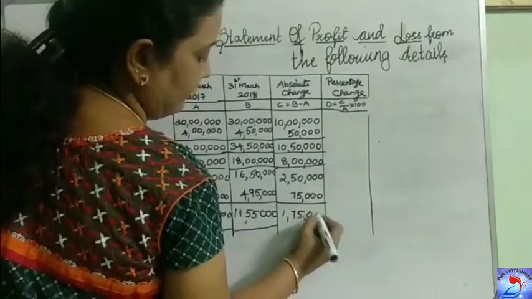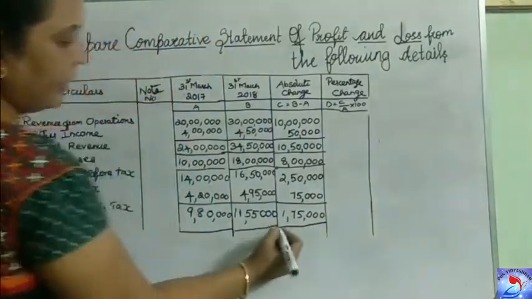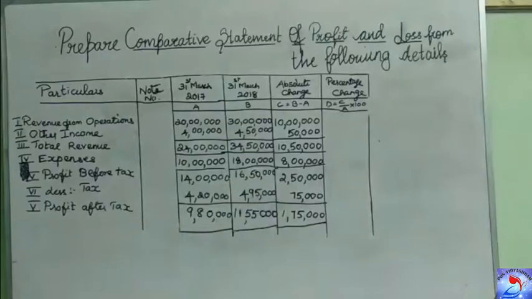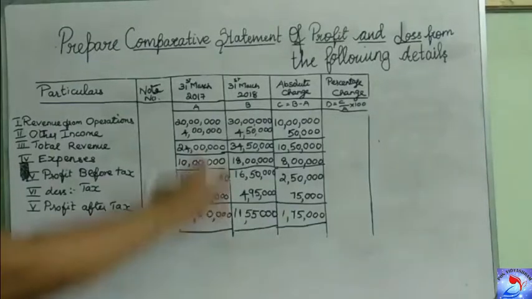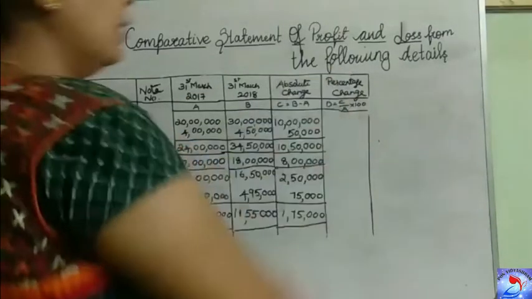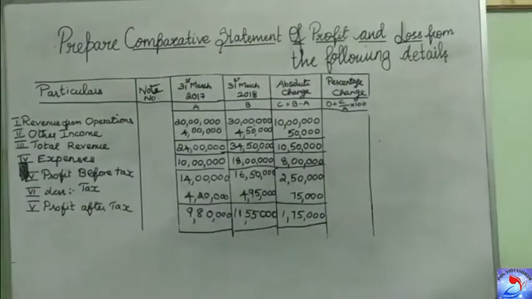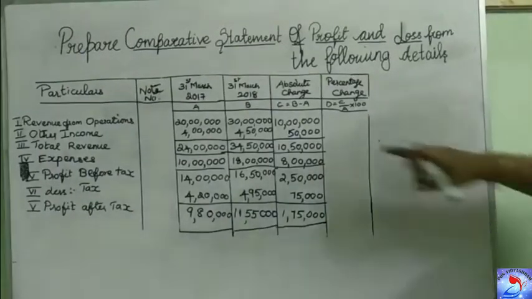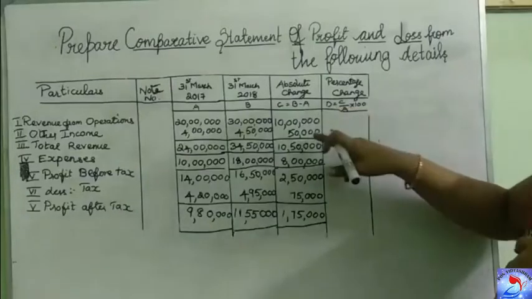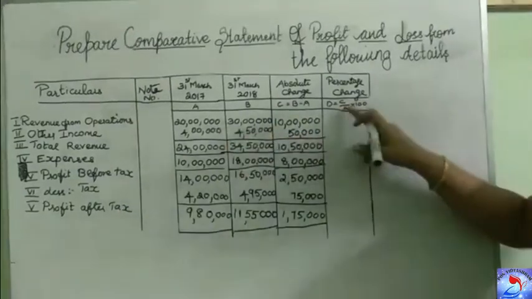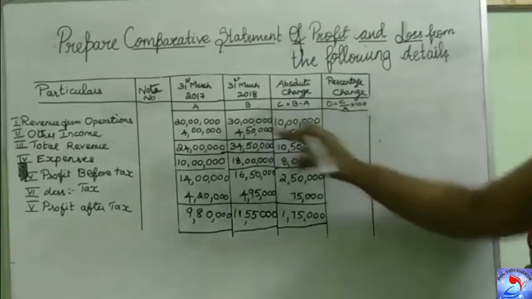So first of all, find out all your absolute changes. It is an easy one. Now find out the percentage. How to find out the percentage? It is C by A into 100.